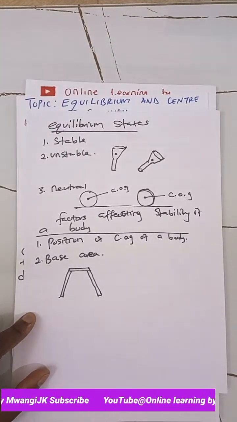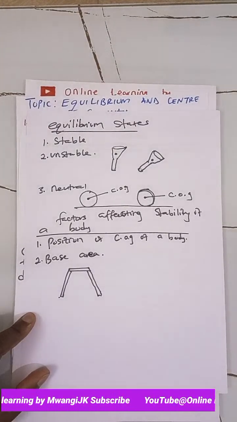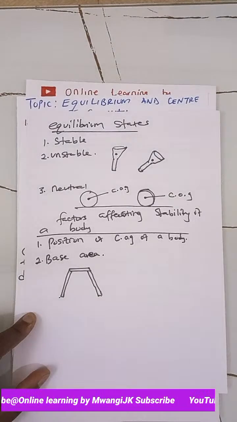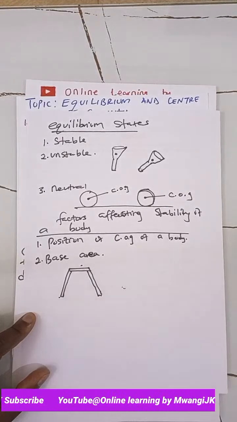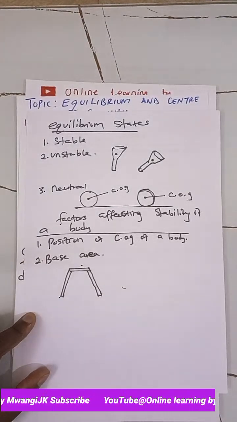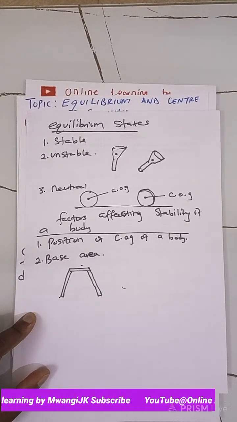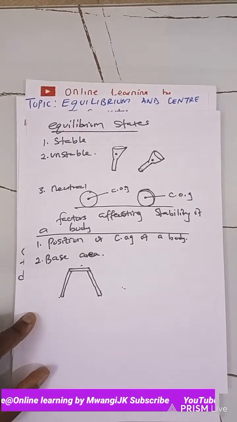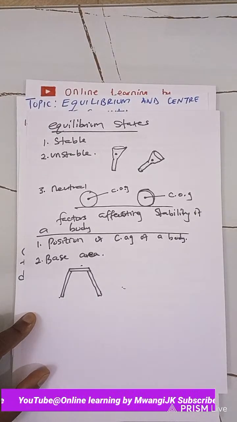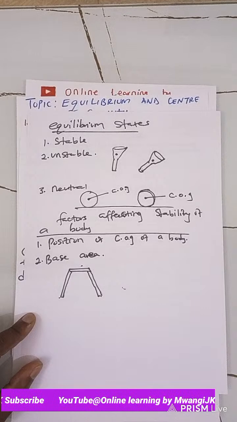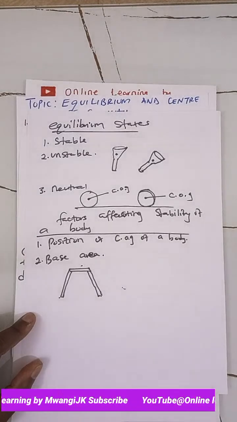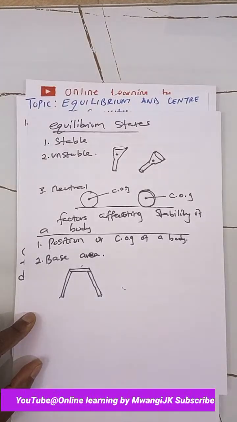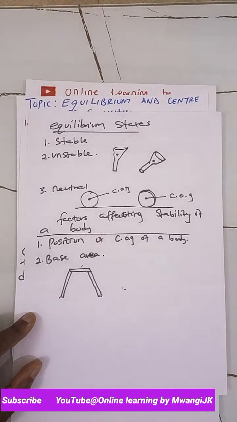So we also talk about many other things. For example, when you are jumping off from a stool, you are at this position and you want to jump down here. There are things you do. When you want to jump, you first make sure that you lean a little bit. By leaning, you are trying to lower your center of gravity. Again, on landing, you make sure that your legs are wider apart. Why?